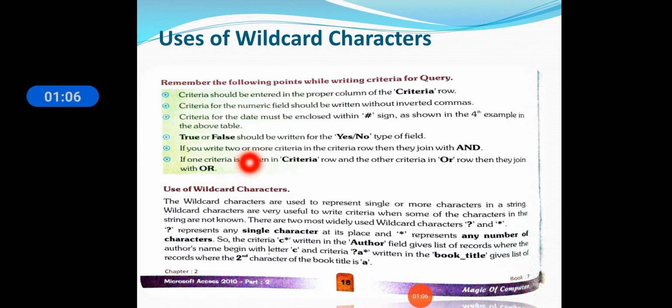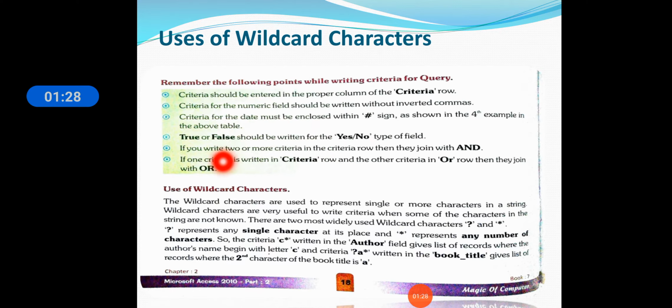So students, here you can see that when you have to write any formula or give any criteria for the query, you have to write that criteria in that specific row. It should be written without inverted comma, and date must be enclosed with hash sign.